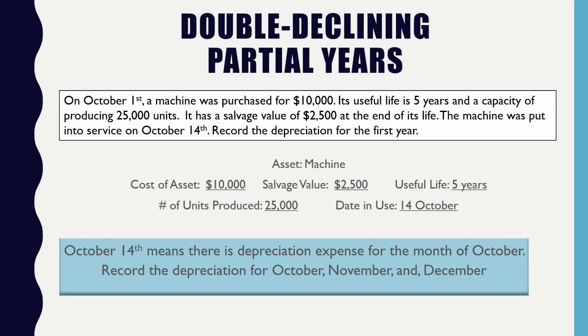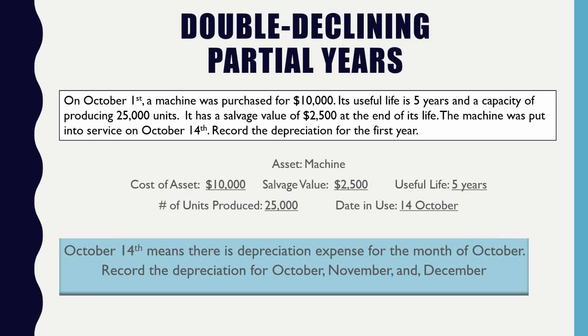Correct. Okay. Correct, because when we place it into service, we also have to consider that whole date scenario, right? If it falls anywhere between the 1st to the 15th, you need to depreciate it that month because that is more than 50% of the month, okay? If it falls after the 16th, from the 16th all the way to the 30th or 31st, then that is less than half of the month.